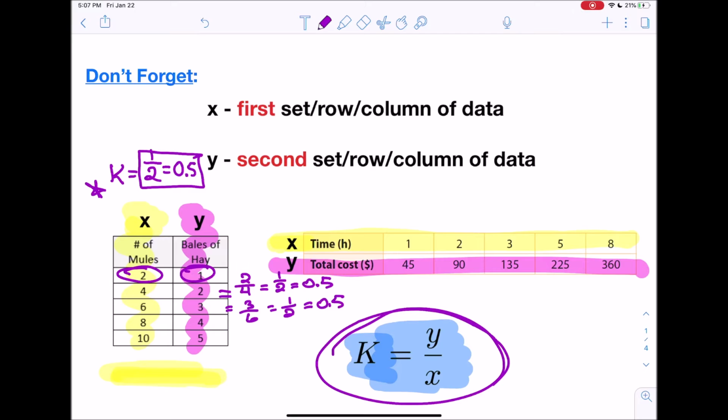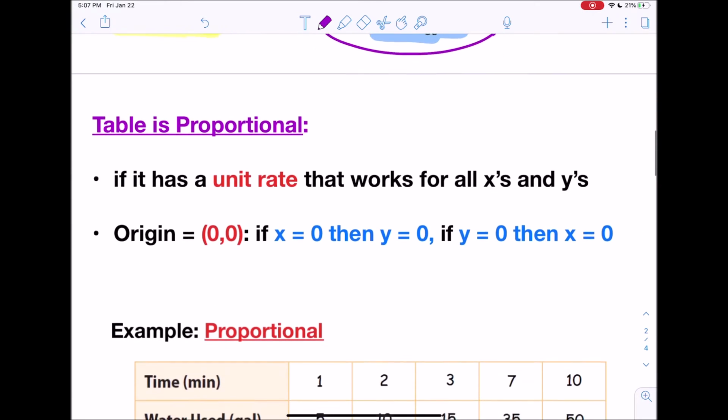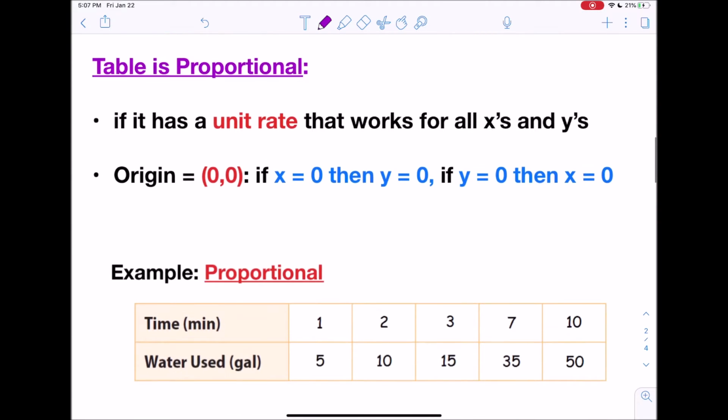Okay. All right, now let's look at whether or not a table is proportional. So a table is proportional if it has a unit rate that works for all of the x's and y's. So make sure if you find the unit rate for the first set of x and y, that's great, but you have to check all of them because maybe some of them work and it's only one that doesn't.